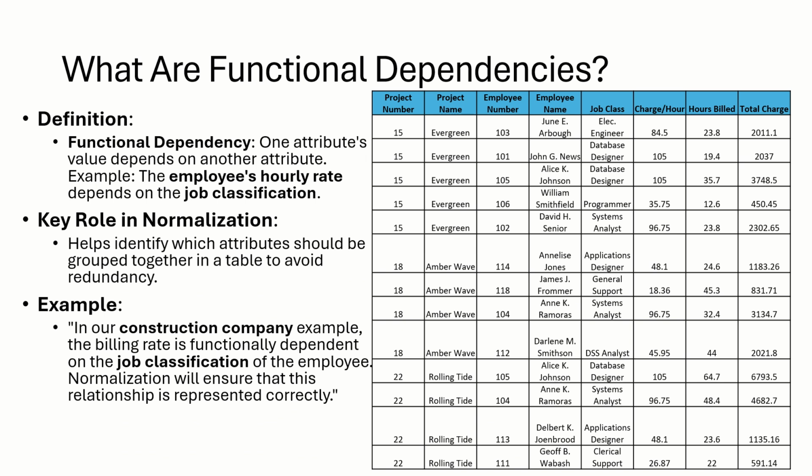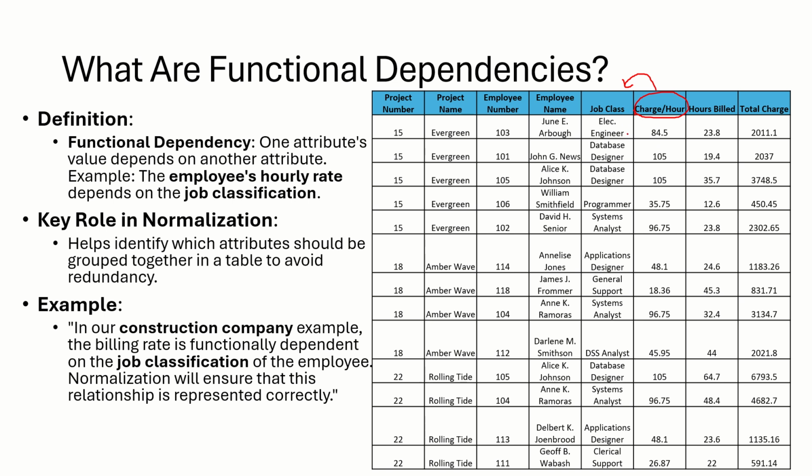Right here is a very important concept they call functional dependency. Functional dependency means one attribute depends on another attribute. For example, right here, we say charge hours depend on the job classification.